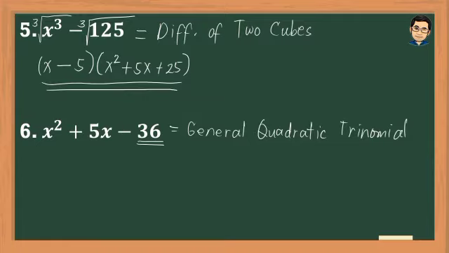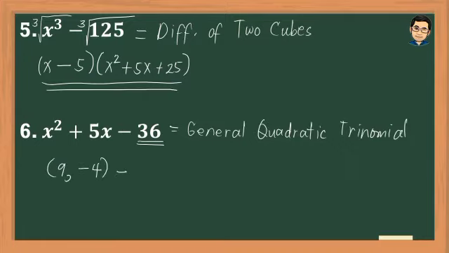So, dito sa given natin, yung constant term natin is negative 36. So, anong mga factors ng negative 36 na kapag pinag-add natin, lilitaw yung coefficient ng middle term na 5. So, yung factors ng negative 36 na kapag pinag-add natin, lilitaw ang 5, 9, tsaka negative 4.